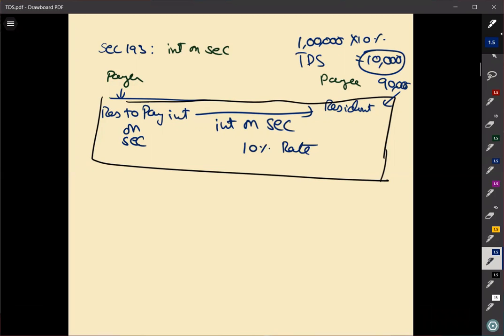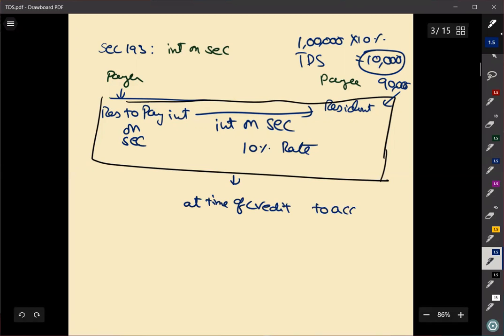Now, let us see when you have to deduct. The section says you need to deduct at the time of credit to the account of the payee or at the time of payment, whichever is earlier.